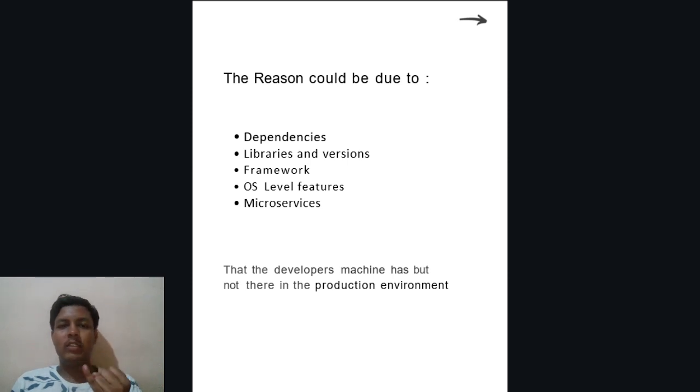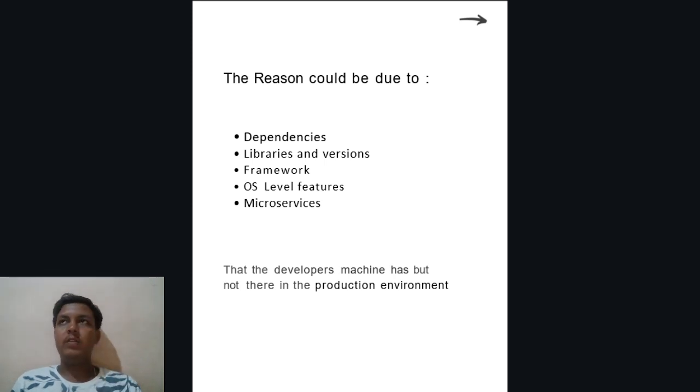First is dependencies, second is libraries and their versions, third is frameworks, and then other features which they have on different machines, and obviously the architecture for microservices that the developer machine has but not the production environment.